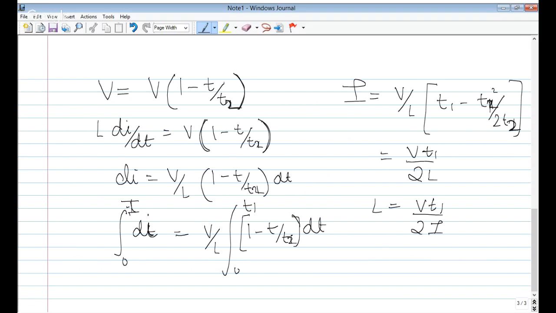So what we can do differently here is, the current should rise to I in a time of T1.